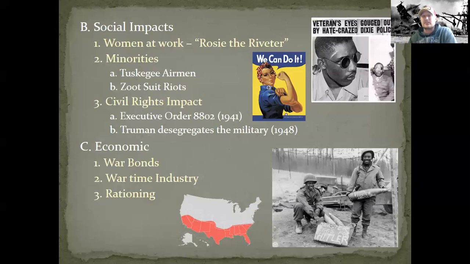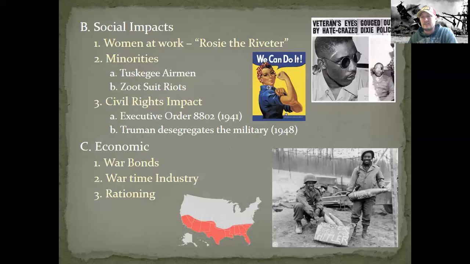They're 10 days of chaos and violence that happened in the spring of 1943 after some young Latinos had actually been attacked by U.S. servicemen who were about to ship out. So there was some clashing there between minority groups.